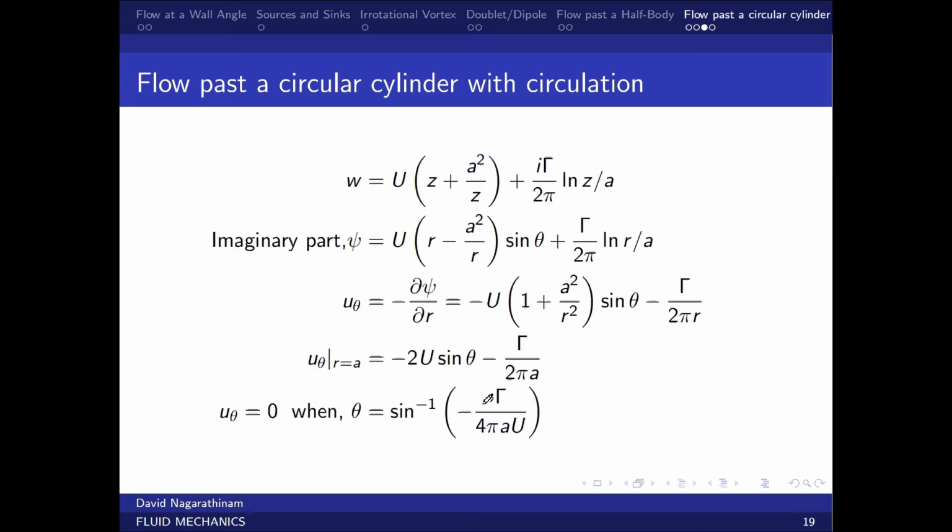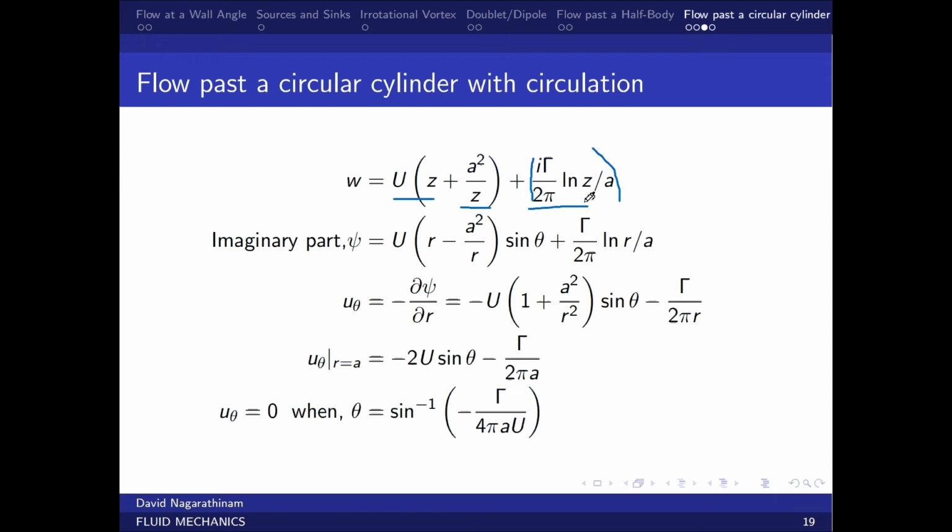Now, let's consider the flow past a circular cylinder with circulation. Under such a scenario, the flow can be modeled by a uniform flow, and then we have a doublet flow, and then we have a vortex flow, which is represented by the velocity potential as shown here.